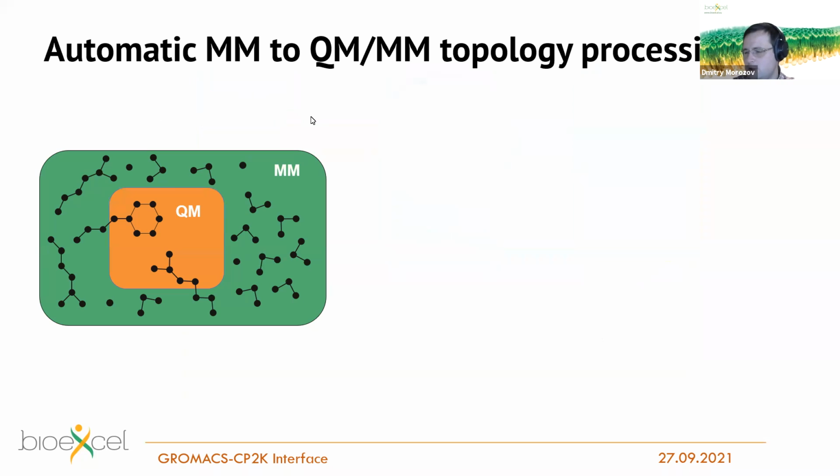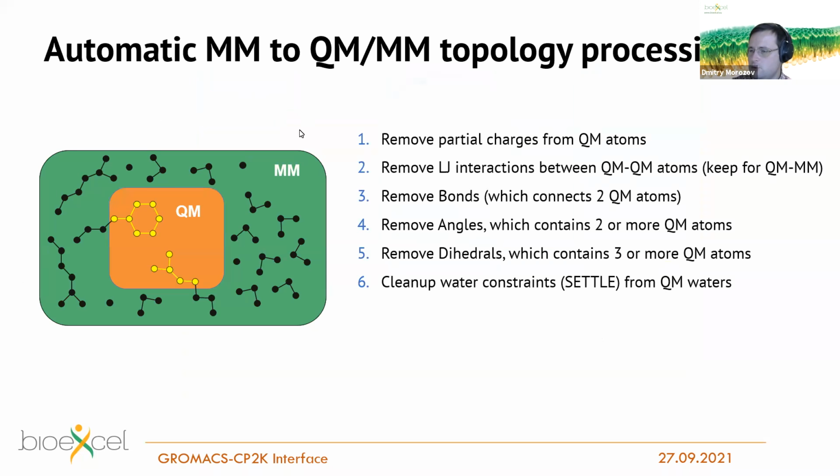So how do we do topology processing in the interface? This is your full system. First, we remove the partial charges from the QM atoms. Then we remove all Lennard-Jones interactions between pairs of QM atoms, so only those between QM and MM atoms are kept. We remove all bonds between QM atoms, however keeping the bond here, for example.